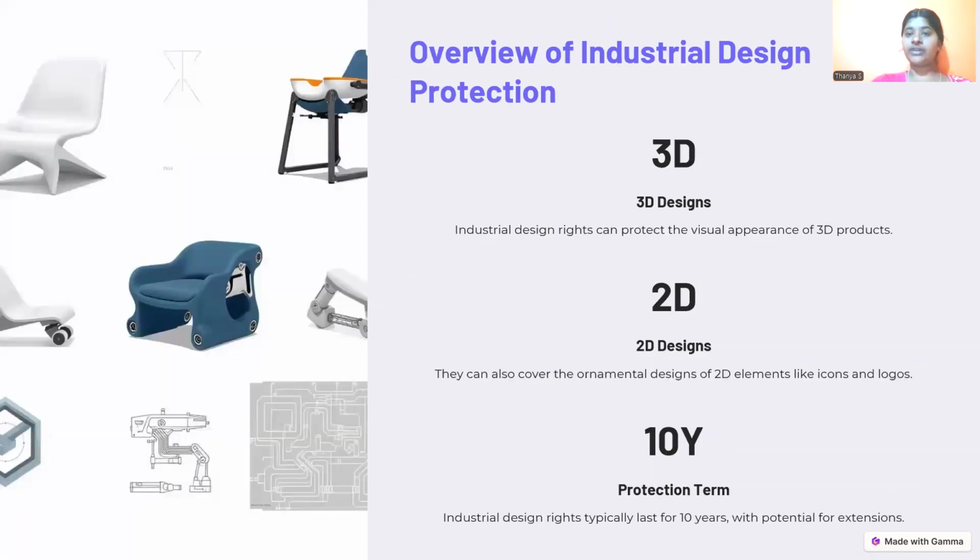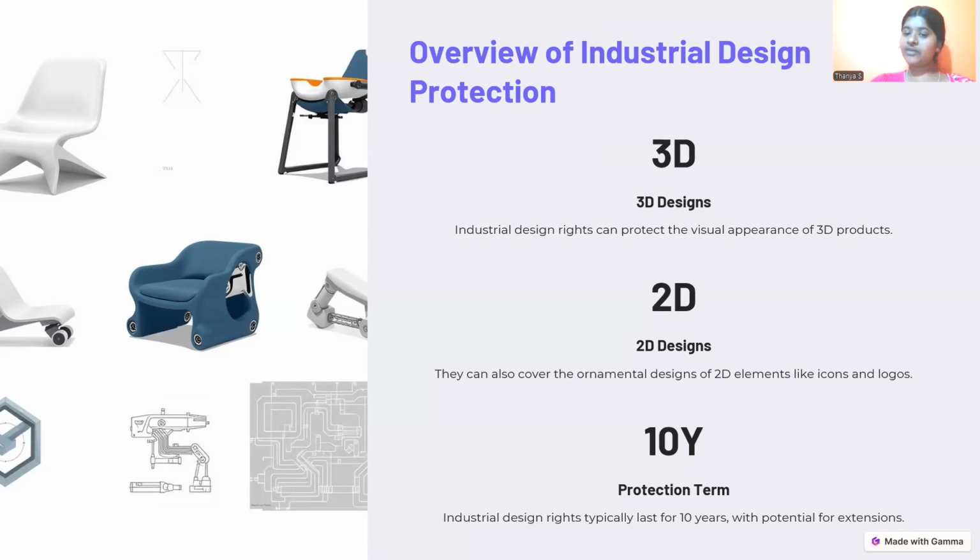Next is overview of industrial design protection. First one is 3D designs. Industrial design rights can protect the visual appearance of 3D products. Nowadays 3D products have become more viral and people are really seeking to protect their 3D designs because no one should copy their design. Next is 2D design.